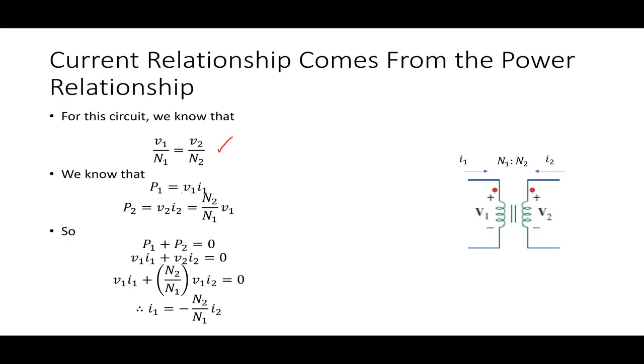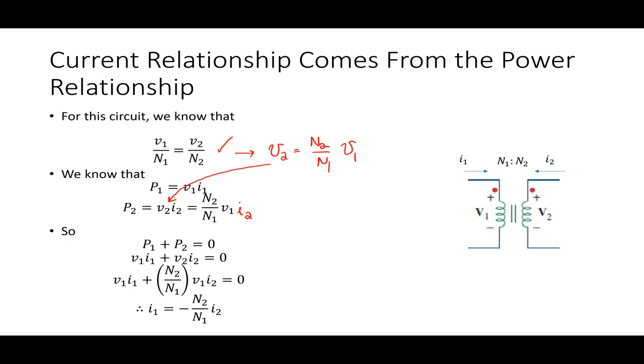I can look at this and say power equals V1 I1, and on the power 2 side I have V2 I2, and the thing that I need to remember about this is if I rewrite this relationship, I see that V2 equals N2 over N1 times V1, and I plug that in right here, right?